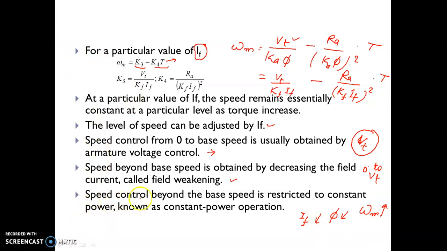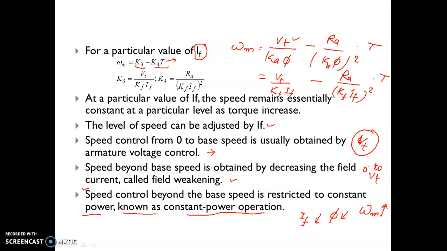A speed control beyond base speed is restricted to constant power, known as constant power region. If we think we can tremendously change the speed, that is also not possible. It is restricted, it is limited. We can go only up to a certain limit of speed control.